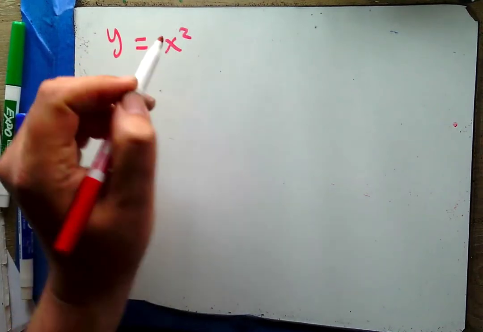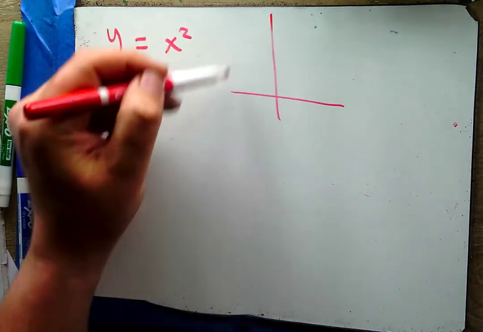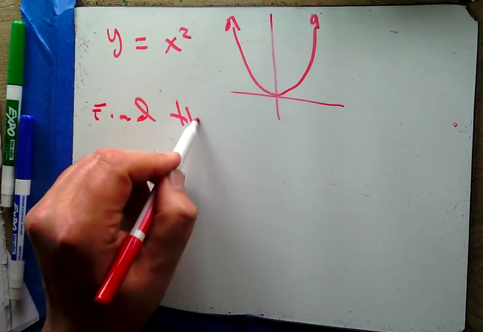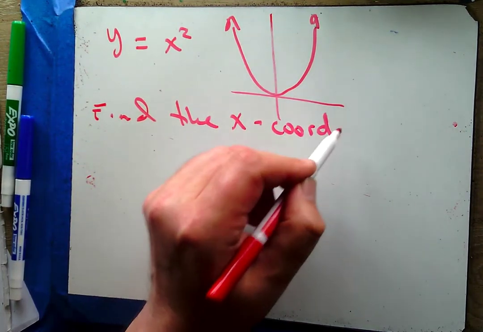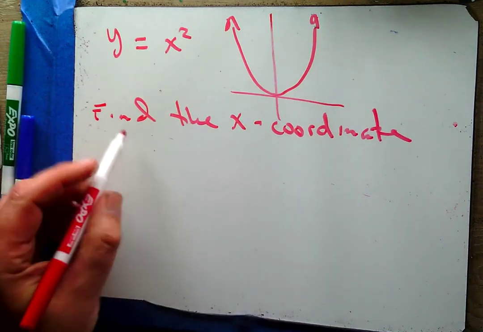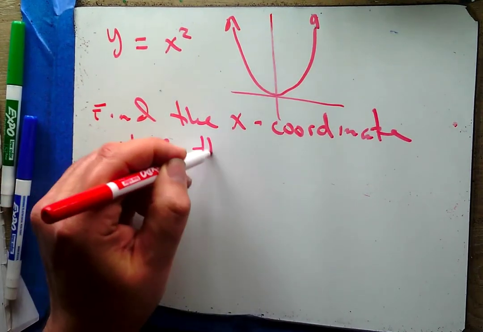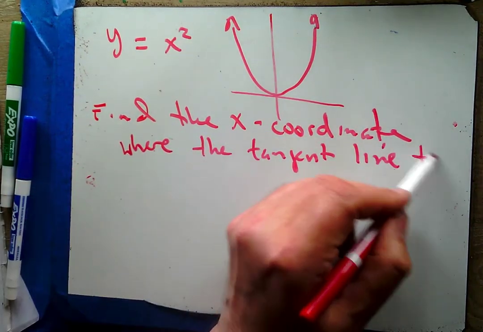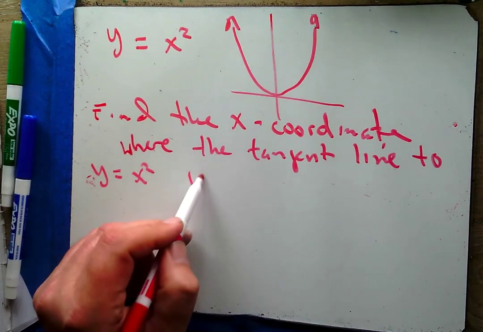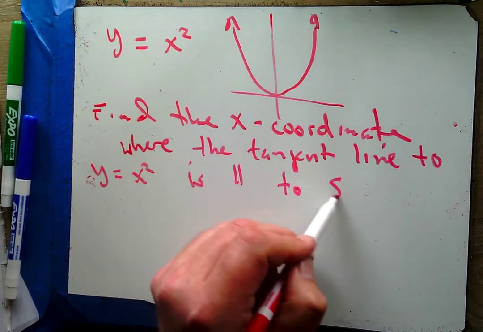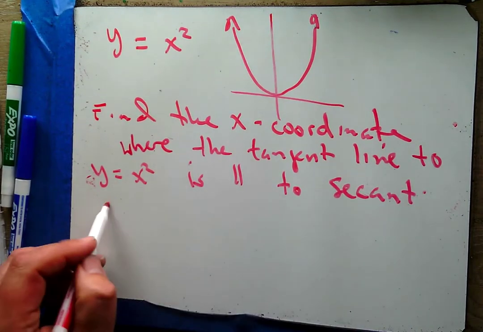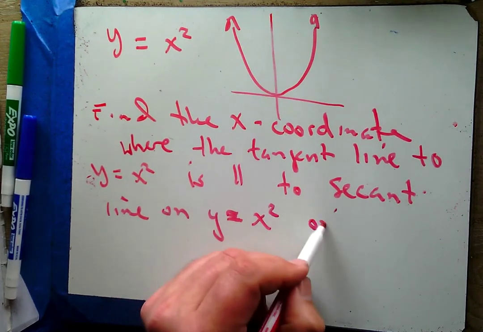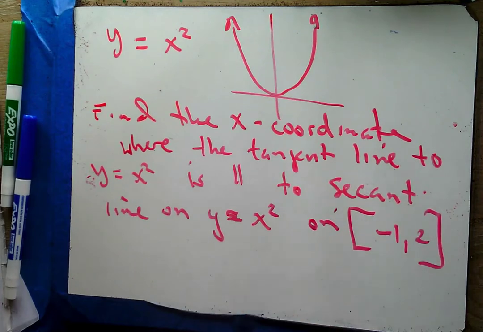y equals x squared. Okay, so we know what y equals x squared looks like. And what I'm looking for is find the x-coordinate where the tangent line to y equals x squared is parallel to the secant line on y equals x squared on the interval from negative 1 to 2.